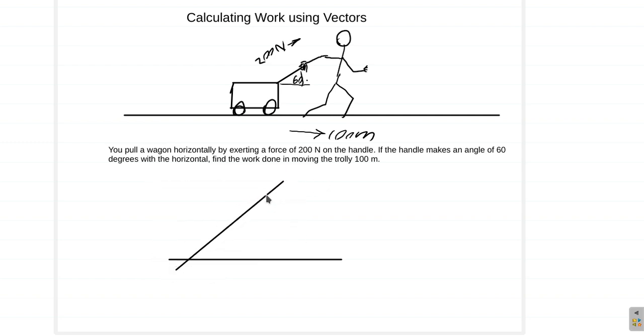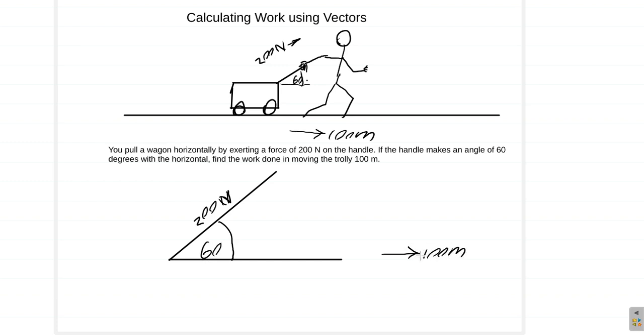Let me move it this way, make it look more like 60 degrees. All right. And this is 200 newtons, this way, 60 degrees. I'll just write 60 and leave out the degrees for now. You want the work done in moving this way 100 meters.